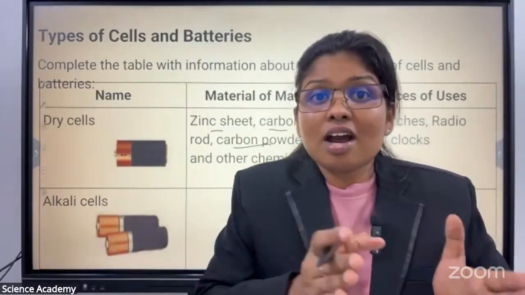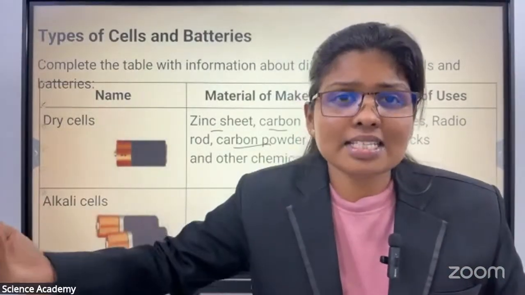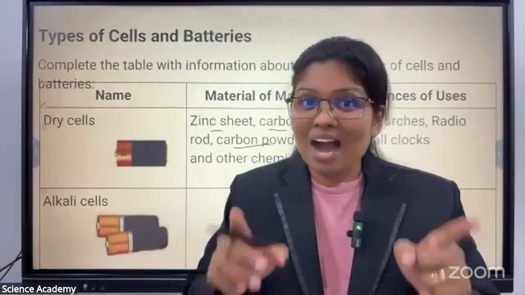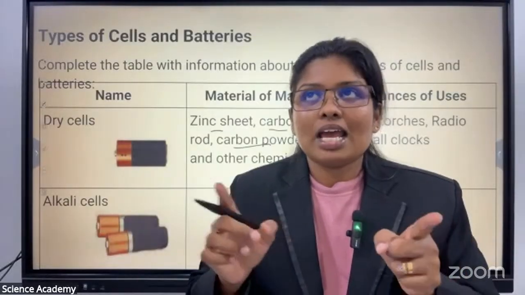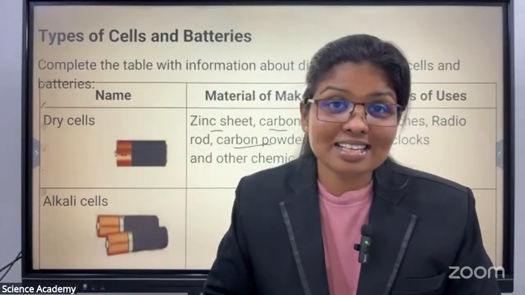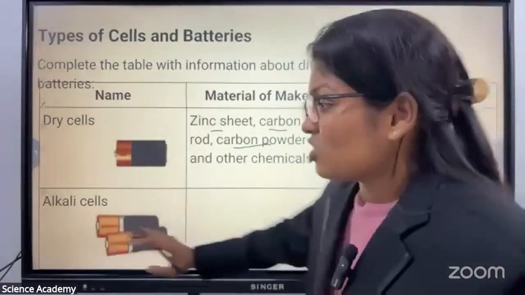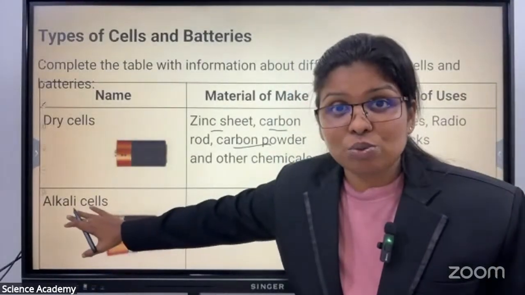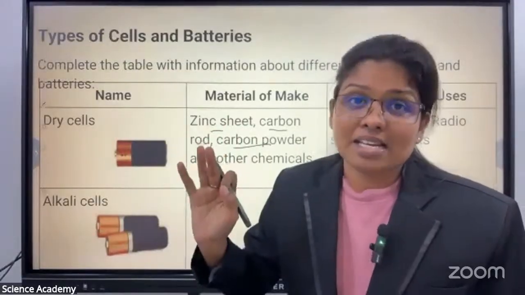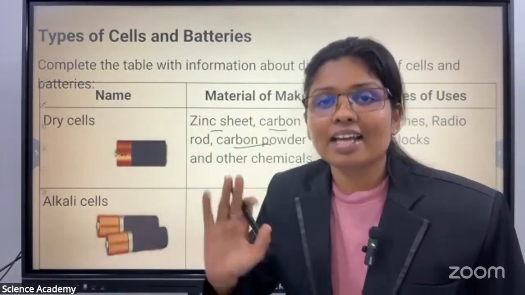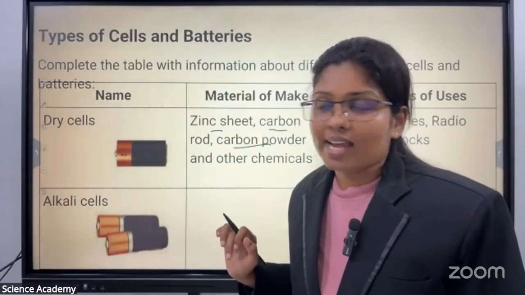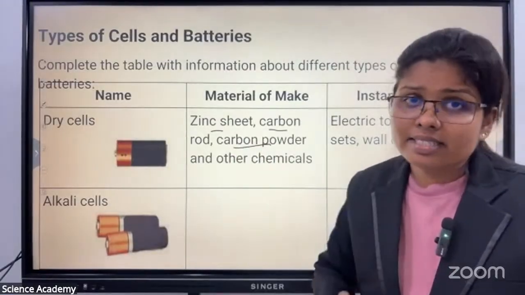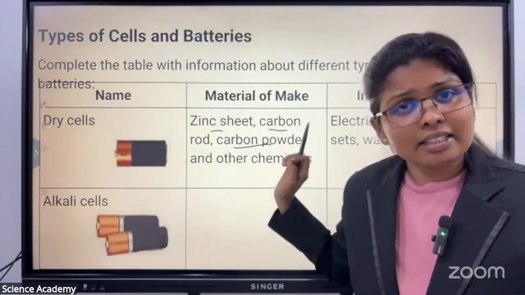The bases which are dissolved in water are called alkaline solutions or alkaline substances. I'll describe this in your acid and bases lesson. Okay, children? So keep it in your mind: alkali cells include nickel and cadmium-like metals with alkaline components as the electrolyte. Dry cells included manganese dioxide, ammonium chloride, and carbon powder.